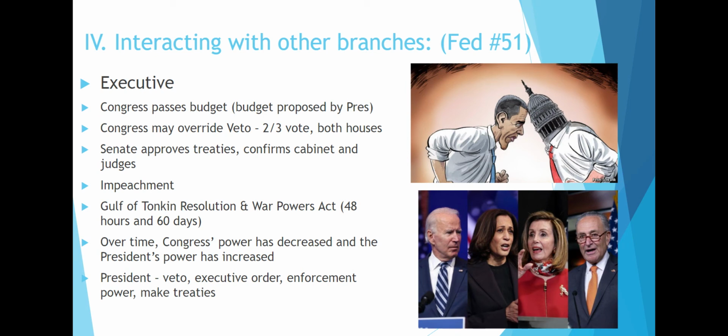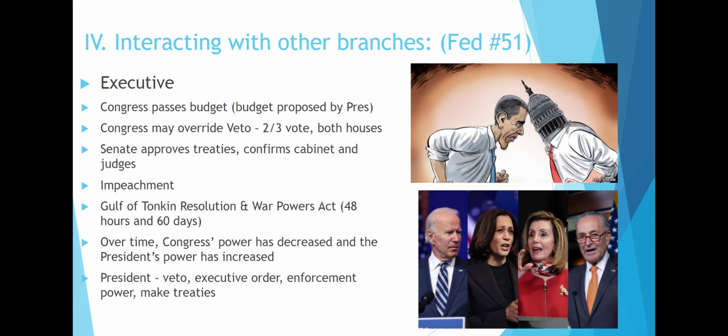Things have changed with the relationship between Congress and the president when it comes to declaring war. During the Vietnam War, Congress passed the Gulf of Tonkin Resolution, in which they gave up a great deal of their war-making power to the president. They basically gave the president broad power to use his commander-in-chief power to make war without Congress really having to declare it.